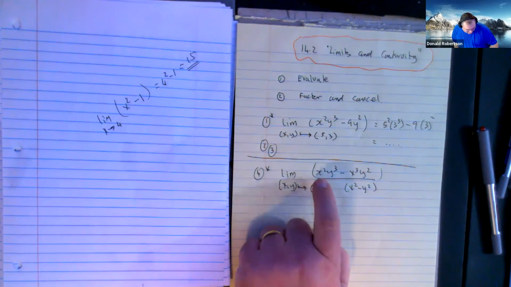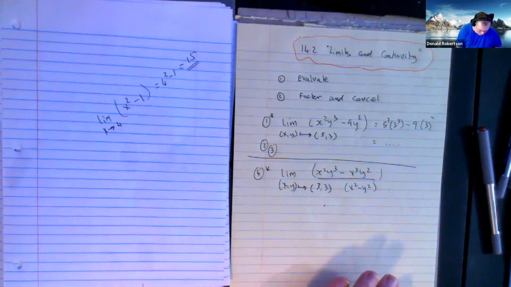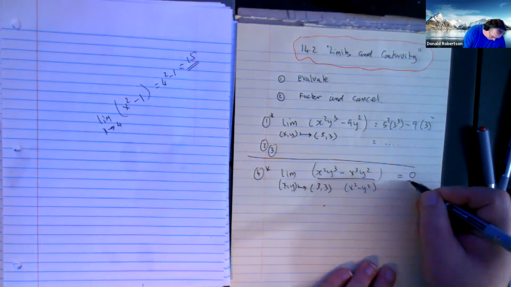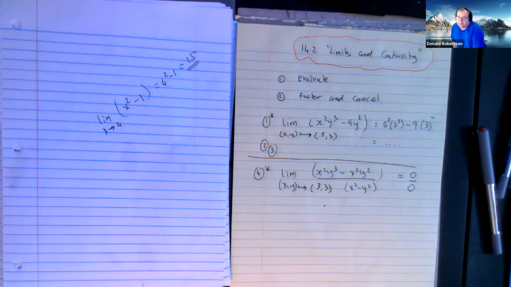Can you trust me if I plug 3, 3 in here, I get the dreaded 0/0 problem. Okay. We don't like 0/0, agreed? Because that means indeterminate form, and that's bad news.